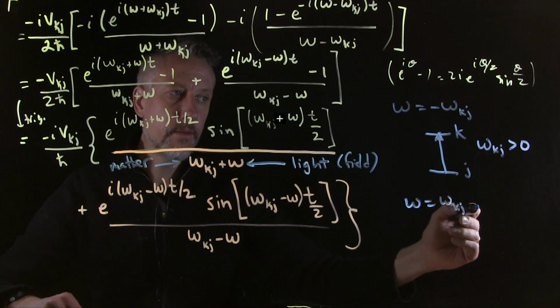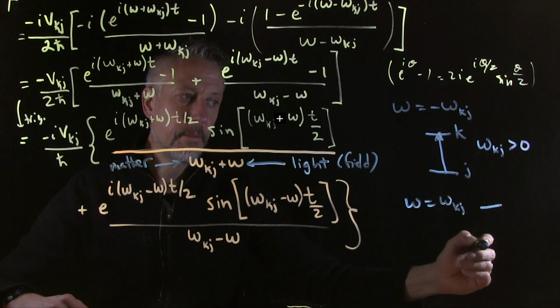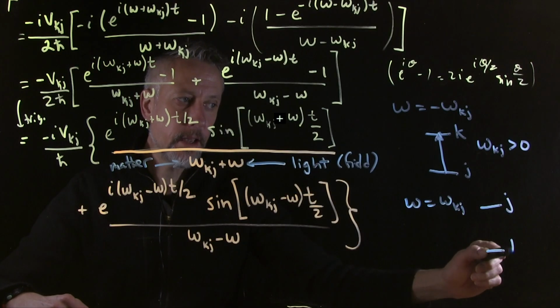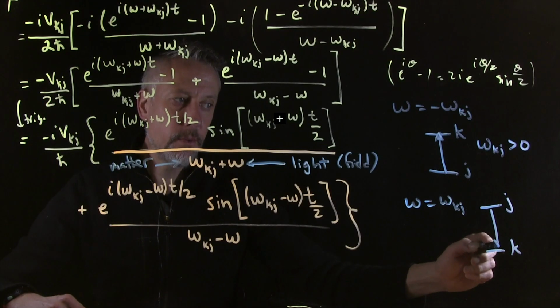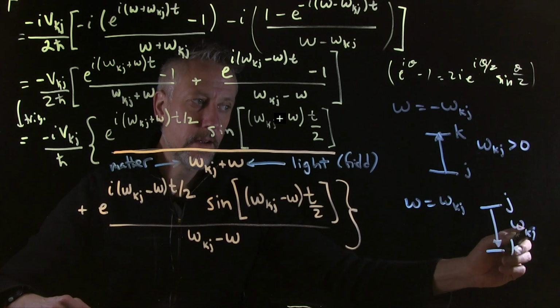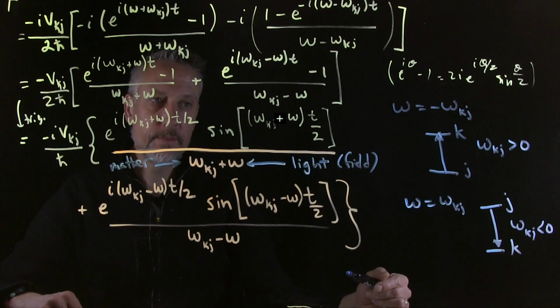If, on the other hand, we're always going from j to k, but j could be higher than k. We never said that they had to be ordered like this. So if they go this way, well then what's this? In this particular case, omega kj is less than 0. It's negative. This energy level is lower than this one.